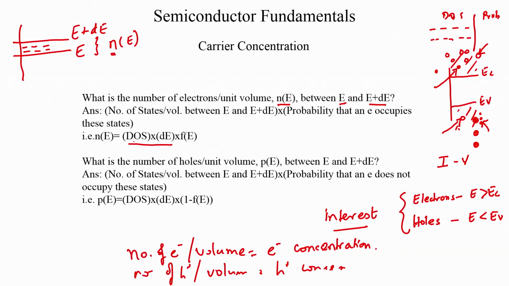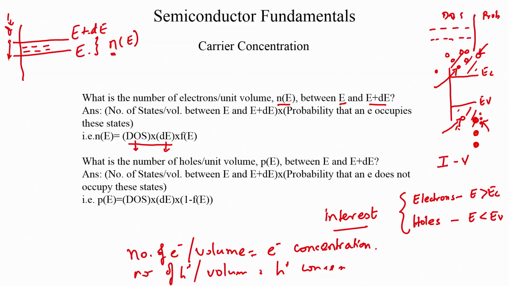The density of states is the number of states per unit volume per unit energy, but since we are interested in the number of states between E and E plus dE, this energy gap has a value dE. So, it is density of states times dE.